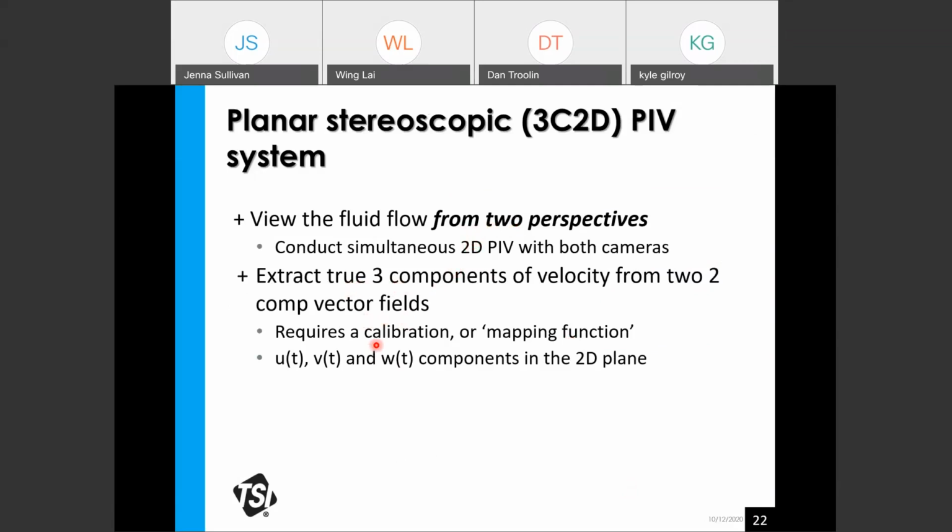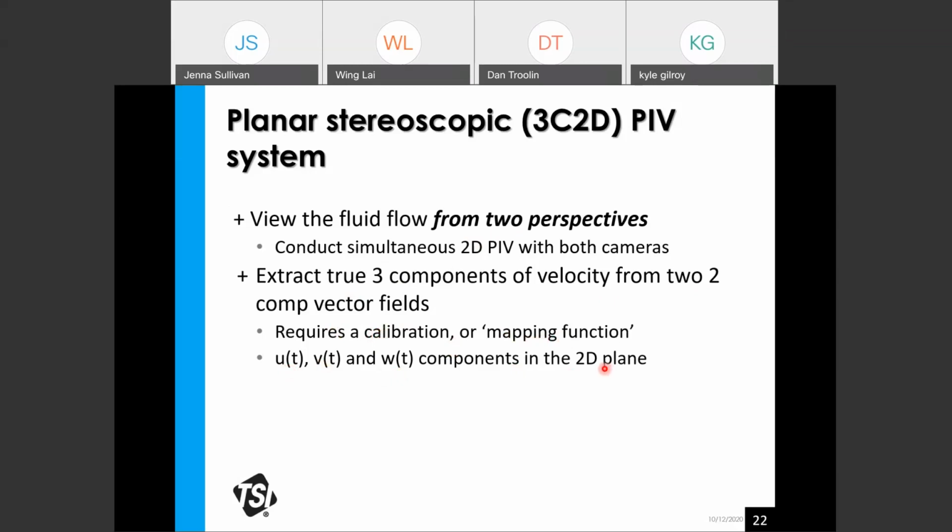The technique requires calibrations or mapping functions, which we're not going to go into, but it requires a calibration to allow us to understand exactly the path of motion captured by the 2 cameras. So in this case, the result is that we'll be able to get the U, V, and W components from this particular 2D plane.